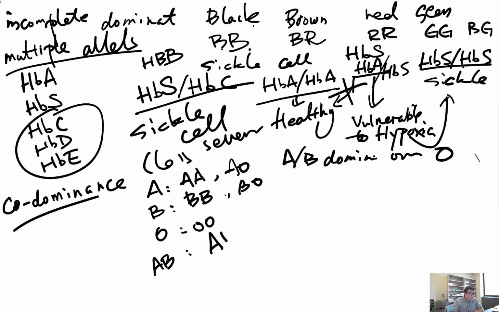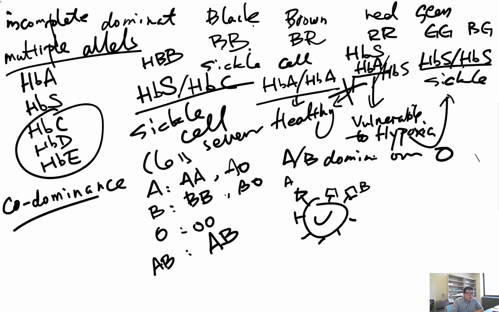How about AB though? The blood type is basically determined by the red blood cells, and on the surface there are proteins. A blood type has an A type of sugar modification, and B blood type has a B type of sugar decoration.